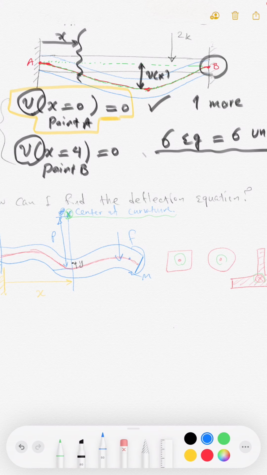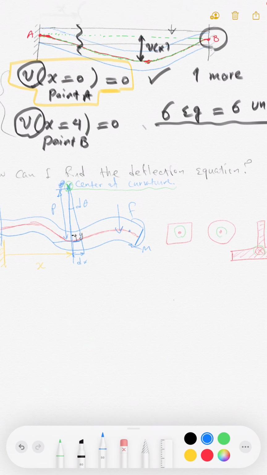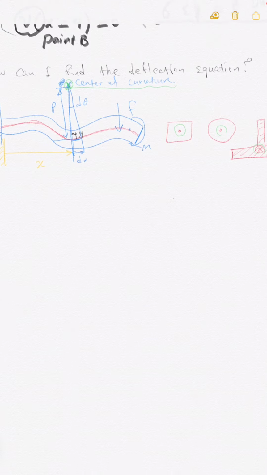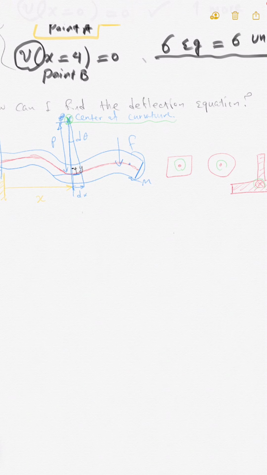Now I'm considering this little slice here. Let's slice it right here, d theta, and from here to here let's call it dx. Now I want to zoom on that little plot that I made. If I zoom it right here, I want to exaggerate.